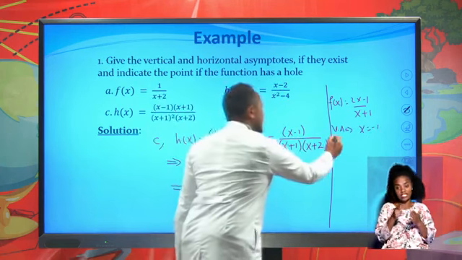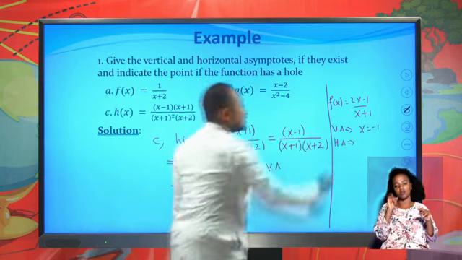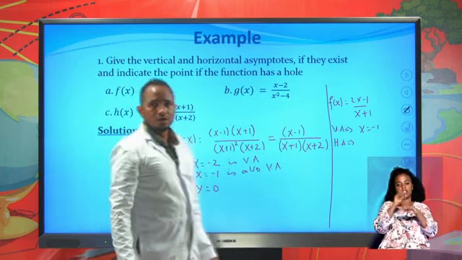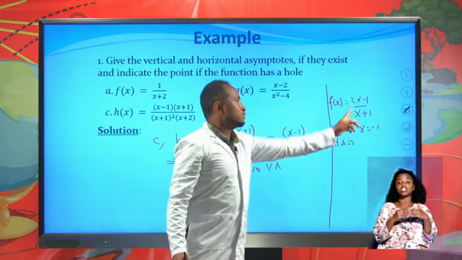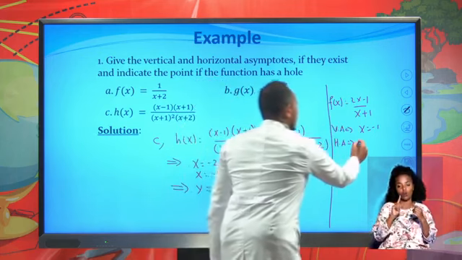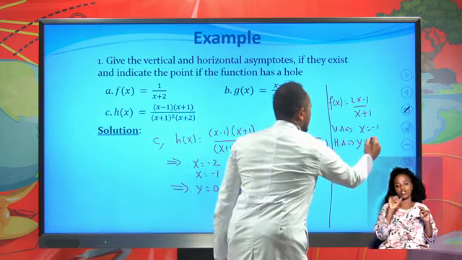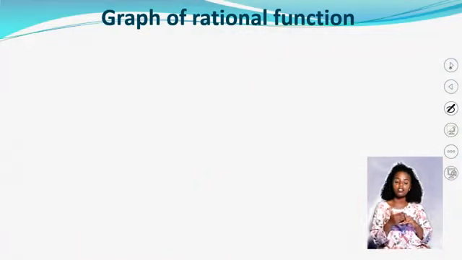In addition, it also has a horizontal asymptote because the numerator and the denominator have the same degree. So you take the ratio of the leading coefficients. Here it is 2, here it's 1, 2 over 1. In that case, the horizontal asymptote will be y equals 2. This is it. Now, let's proceed.